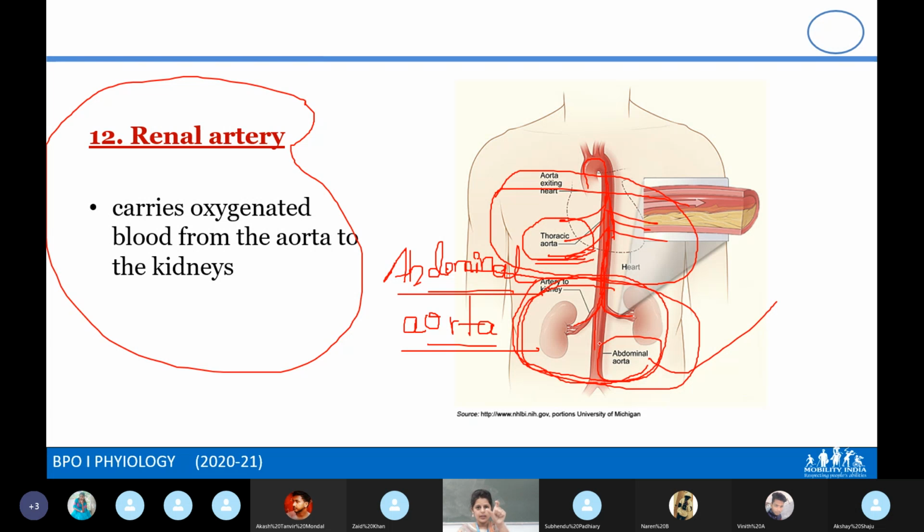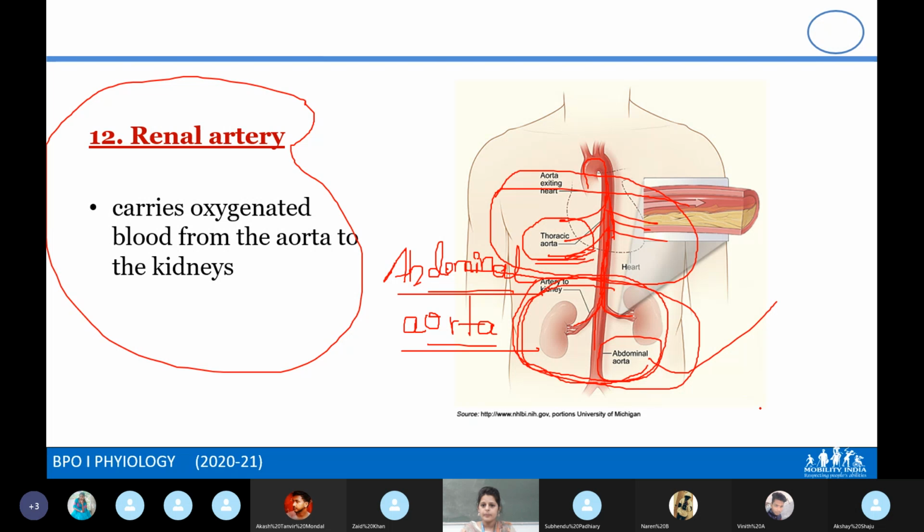Aorta is the largest blood vessel, and it carries oxygenated blood. When it divides and goes down, the size and thickness of the artery reduce.